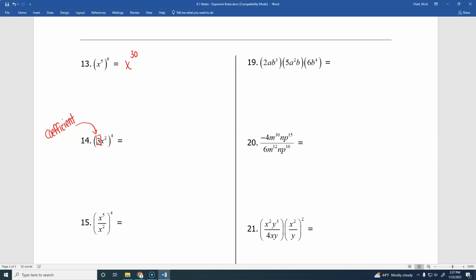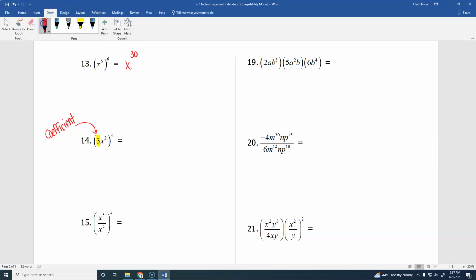Sometimes people call them the big numbers, right? They're not the little numbers. Those are your exponents. They're the big numbers, right? So this number right here is called a coefficient. Okay? Coefficients do not follow the same rules as the exponents. So you have to be careful with that. What we want to do with the coefficient here is, let me do this actually.